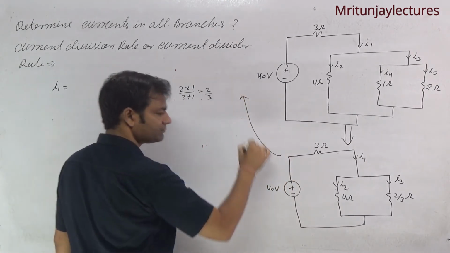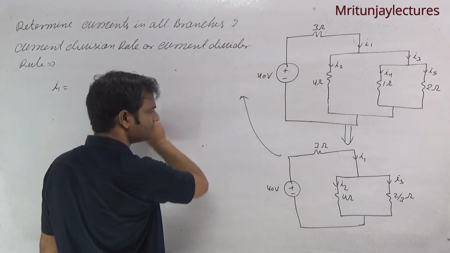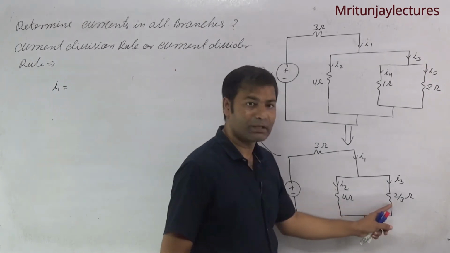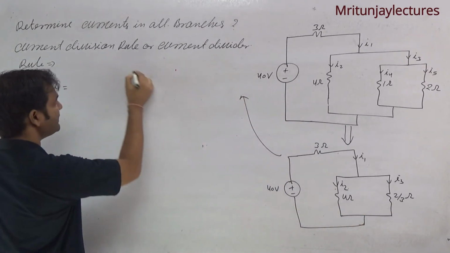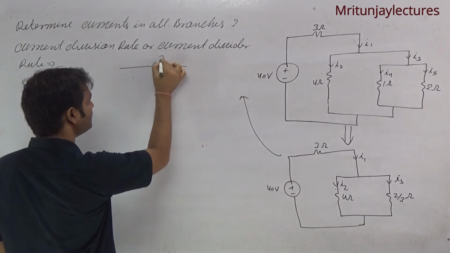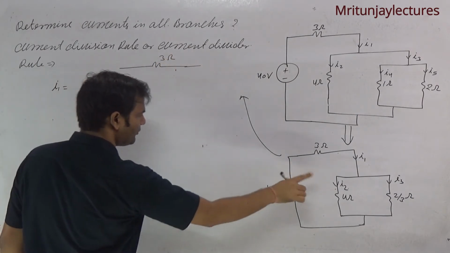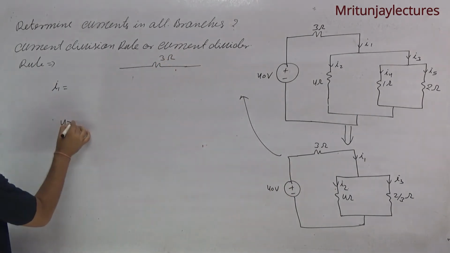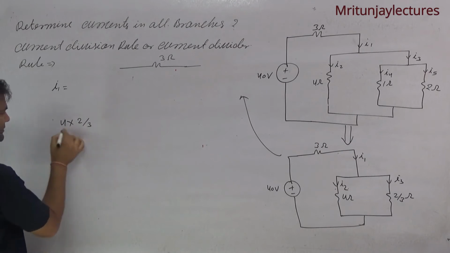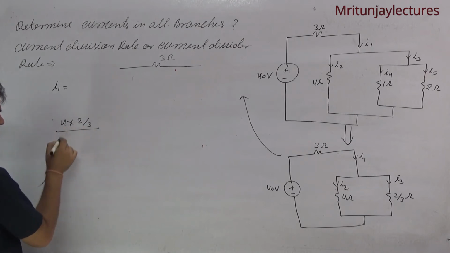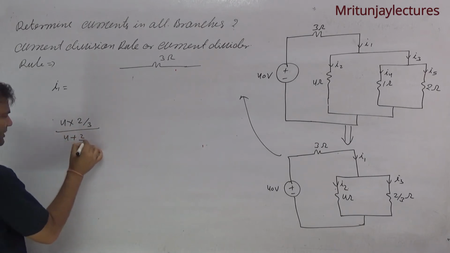Again redraw. These two are parallel, so it is represented like 3 ohm, 4, and 2 by 3 are parallel, so 4 into 2 by 3 divided by 4 plus 2 by 3.